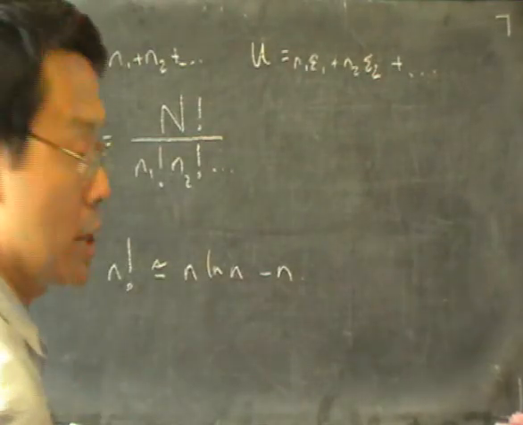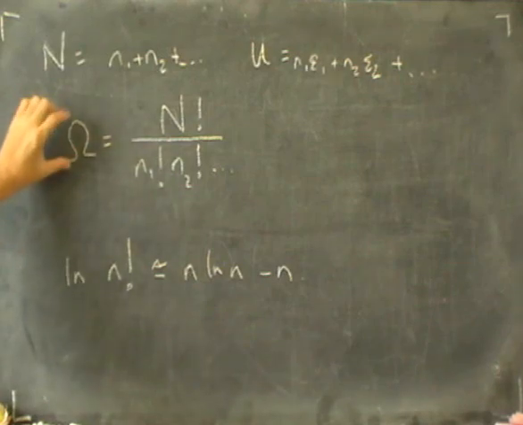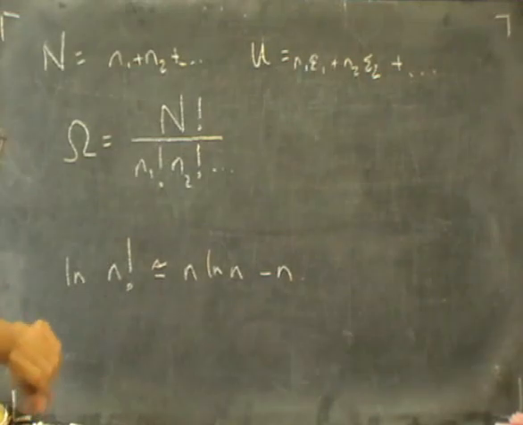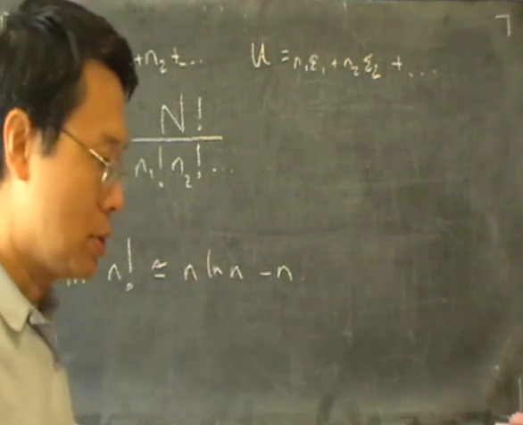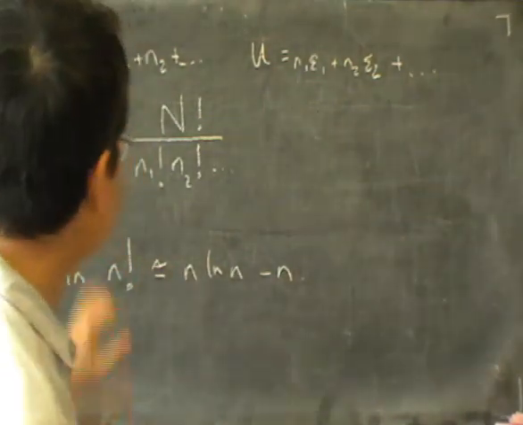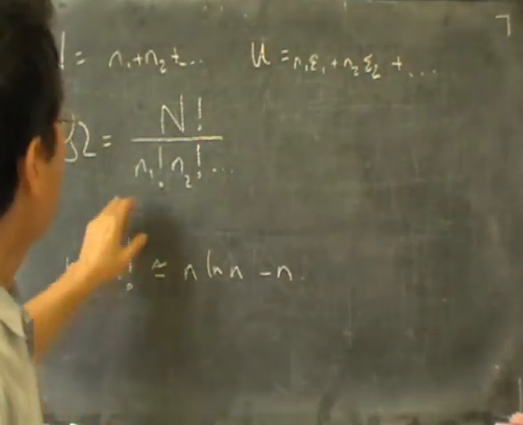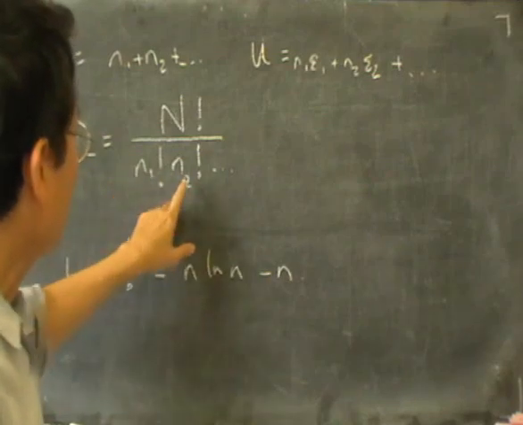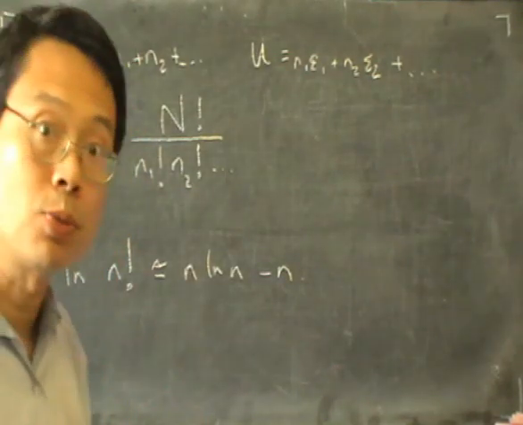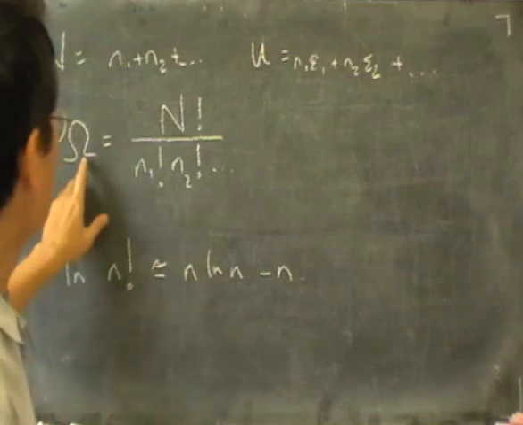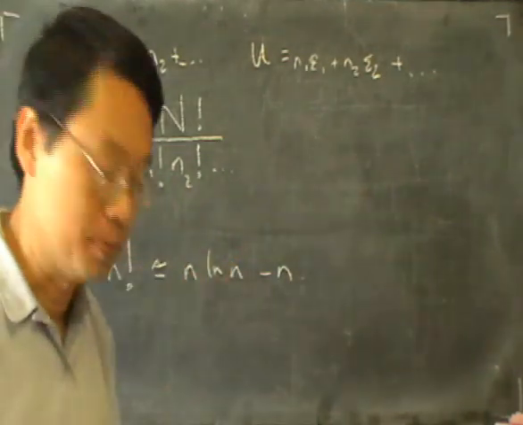The reason we're going to need this approximation is this. The formula for the arrangements has lots of factorials in it. The idea is that we are going to try to find the maximum possible value of omega by varying n1, n2, and so on. We are going to do it using calculus, by differentiating omega with respect to n1, n2, and so on.